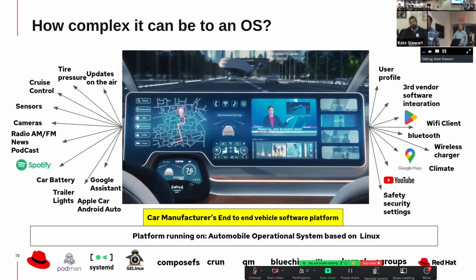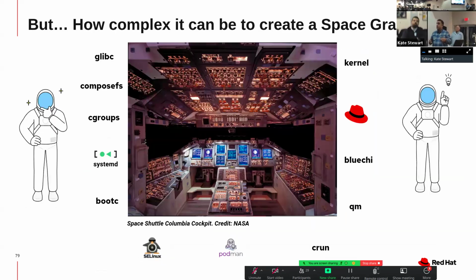Then a little bit up, there is a layer where car manufacturers can simply add their software like Lego. So you can put their software once, then everything is shipped out of the box inside containers. That's the goal. But we are here today to speak about space, right?